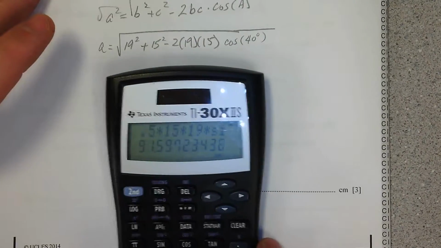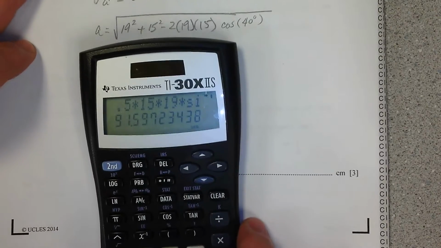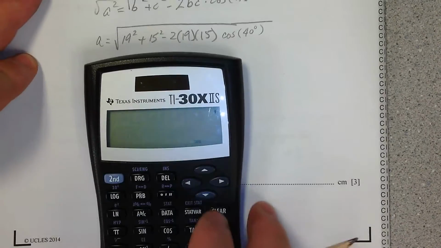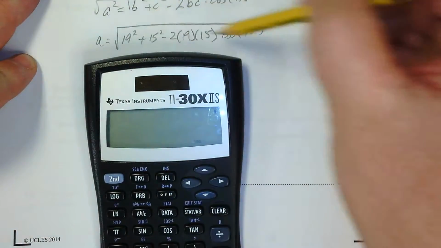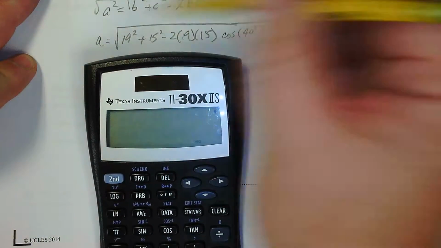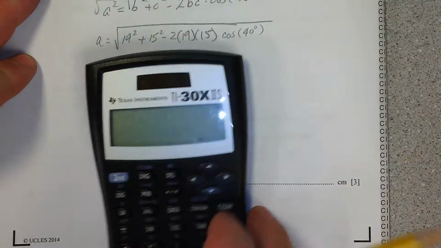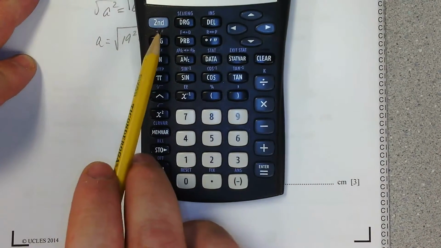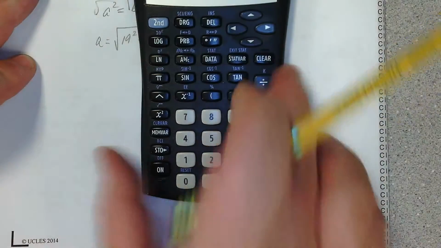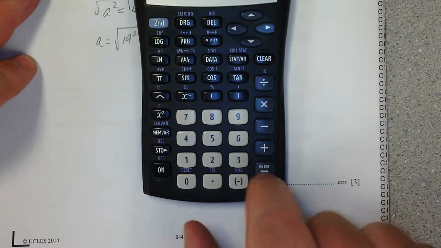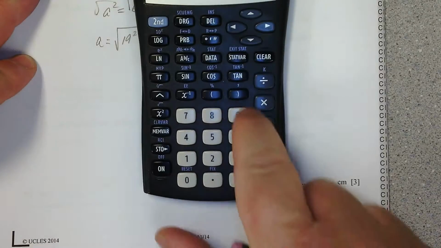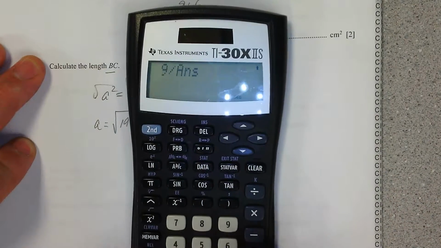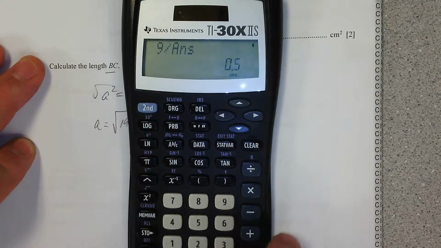Let me arrange this so we can see the calculator and the paper. All right, here we go. Let's clear this. I'm going to do the inside calculation first, and then take the square root of that whole thing. You can do that with the button above which it says ANS: you press second and then answer.